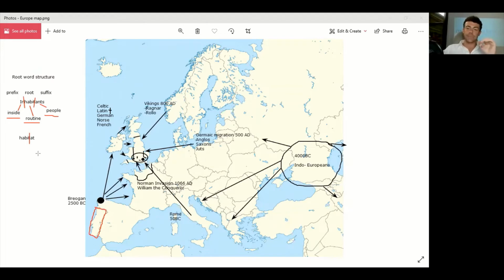Now, at is a preposition we use to describe a specific thing. In this case, it's a place, usually time or space. So in this case, it's a place. So at a certain location or place.